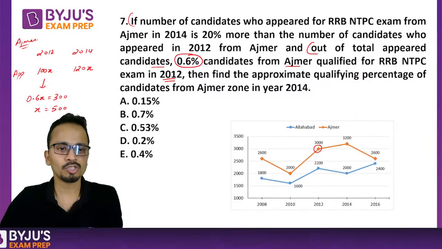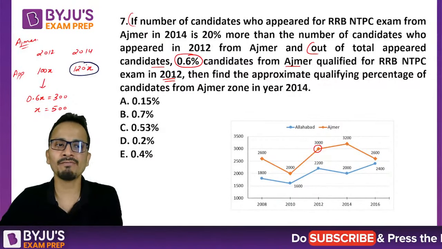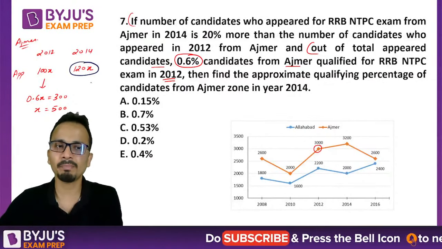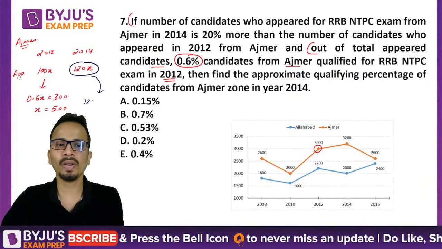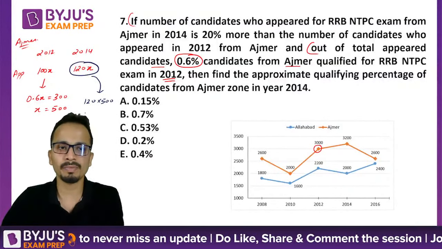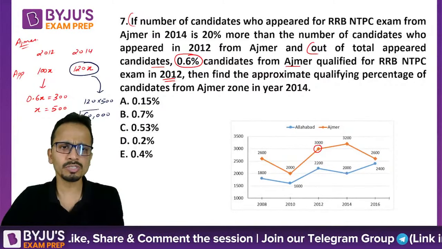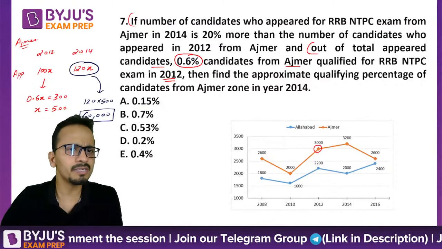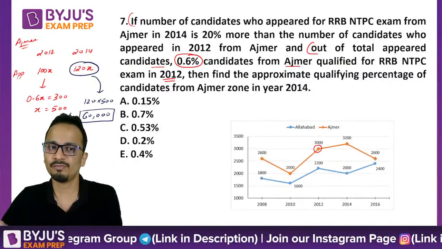So from here, I got the value of x and I can find out the number of candidates who appeared in 2014. So 120 into 500 will come out to be 60,000. So 60,000 candidates appeared in the examination from Ajmer in 2014.